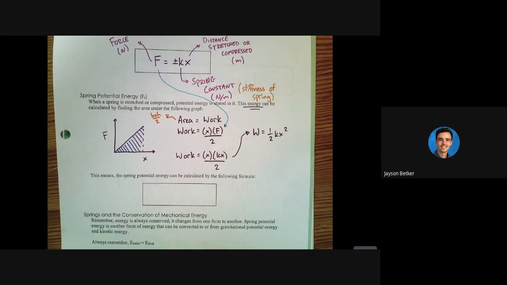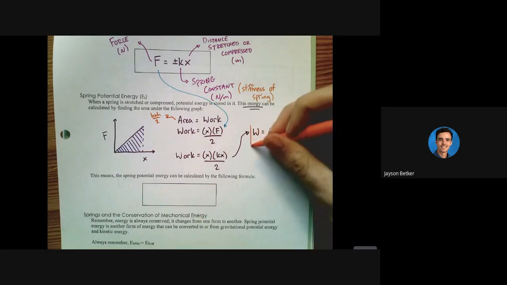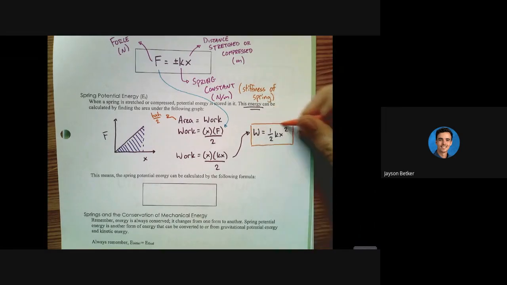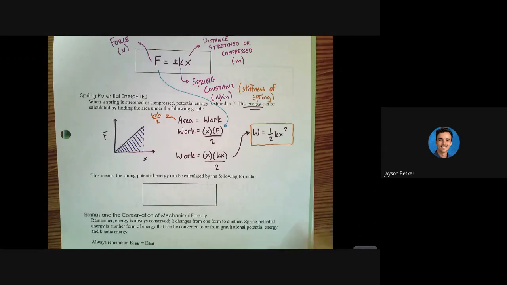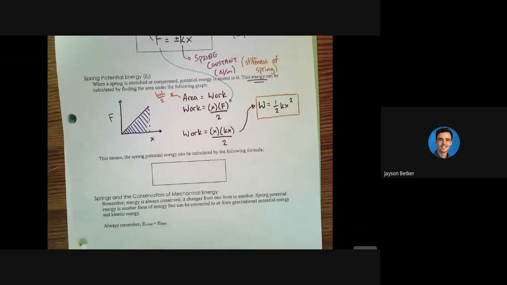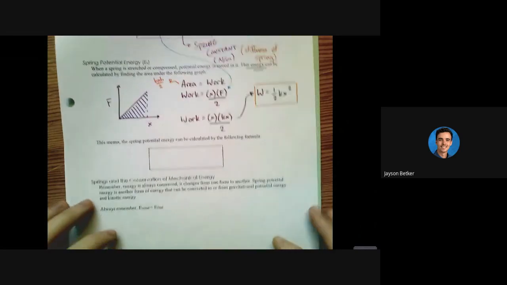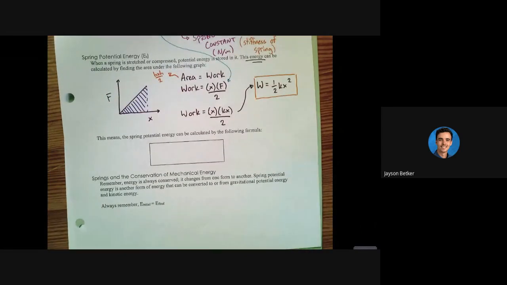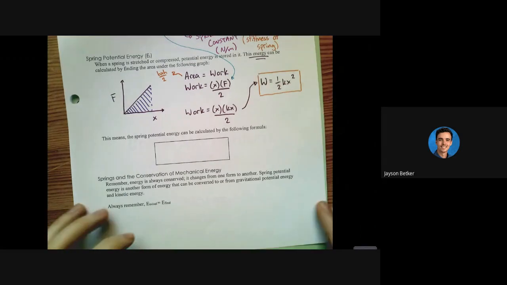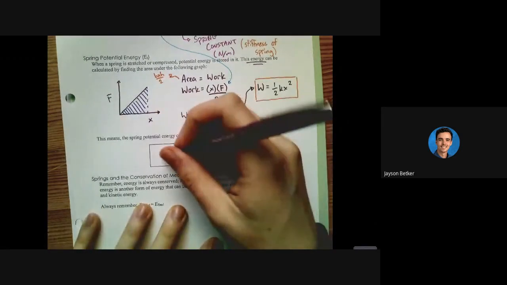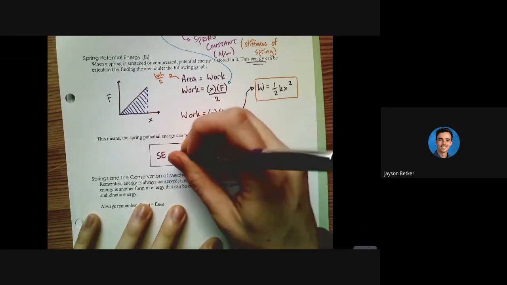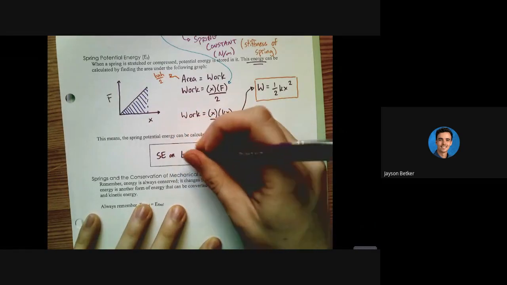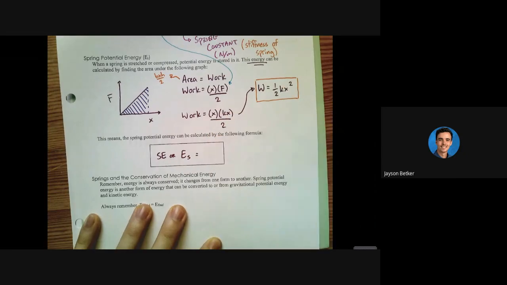And it's interesting because that ends up looking very similar to what our kinetic energy formula looks like, right? Kinetic energy, KE, equals 1/2 mv squared. Well, now we're looking at the spring energy is equal to 1/2 kx squared. So this means that the spring potential energy can be calculated using the following formula. We're just going to write it out here. You can go SE, or you can use E with a subscript S. It's up to you.